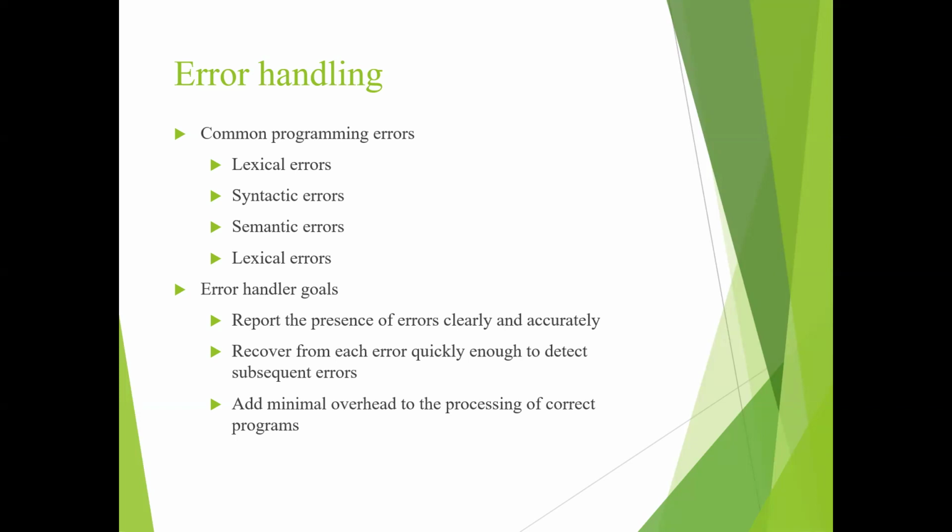Semantic errors contain a type mismatch between the operator and the operands, and logical errors can be anything from incorrect reasoning on the part of the programmer to using, in a C program, the assignment operator instead of the comparison operator.